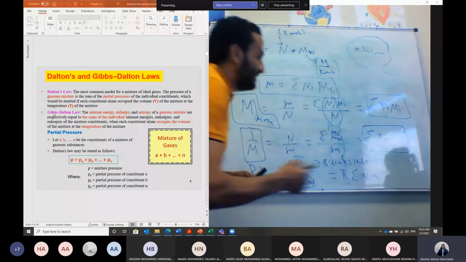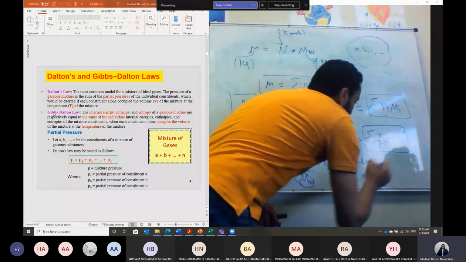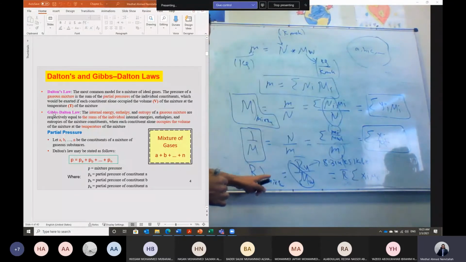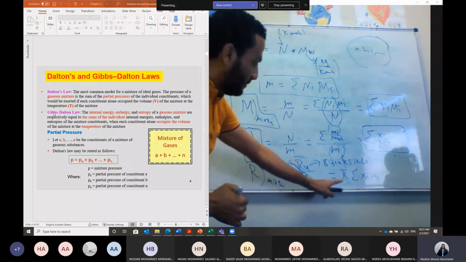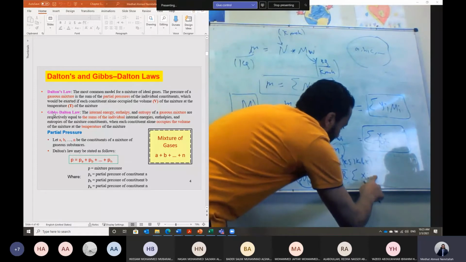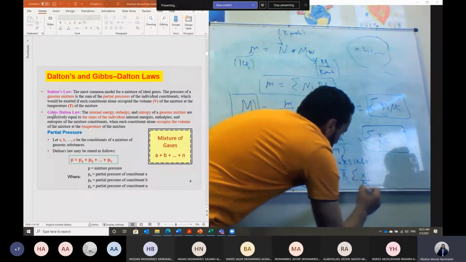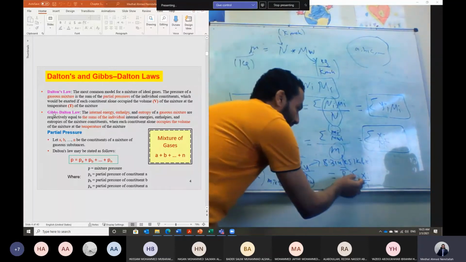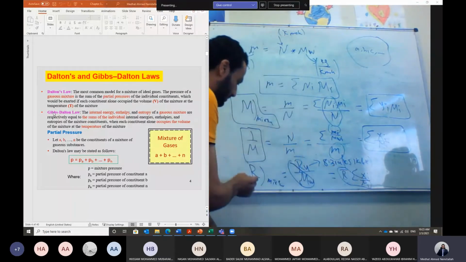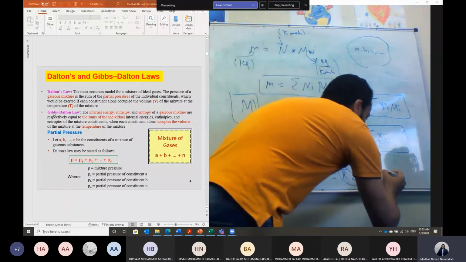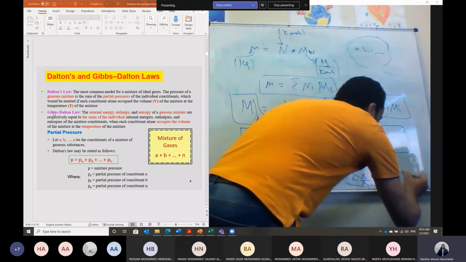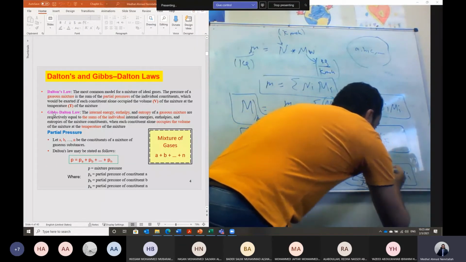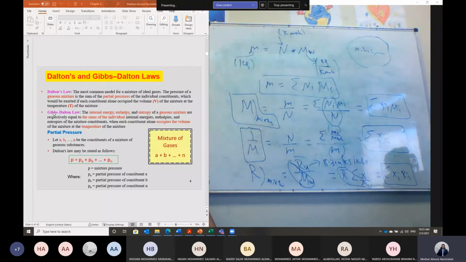This is Xi divided by the molecular weight Mi. Okay? So 1 over the molecular weight will equal Xi divided by the molecular weight Mi. And this is multiplied by R bar. R bar divided by Mi should equal R for this gas. That should equal the summation of Xi multiplied by the gas constant for each gas in this case.